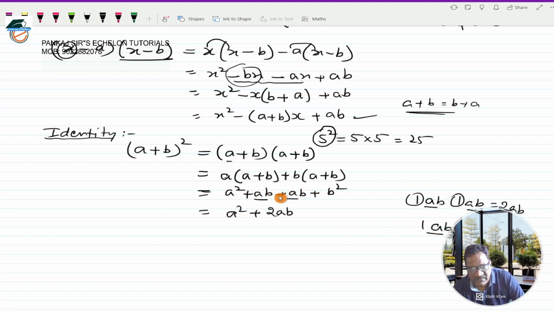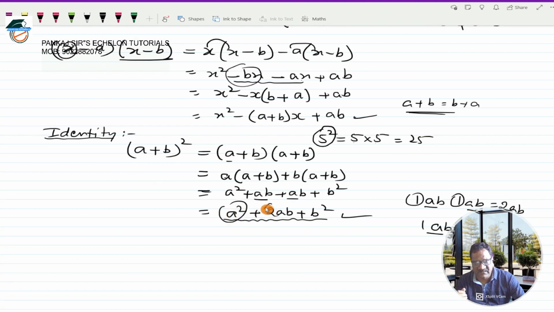Because here the two terms AB and AB are like terms, I added them to make it 2AB, and this is plus b square. So this is what you get as the product. A plus b the whole square will be a plus b into a plus b, and the final product will be this. Now these are known as expansion because when you find out the product, the number of terms becomes greater. Here you can see that there are three terms now.